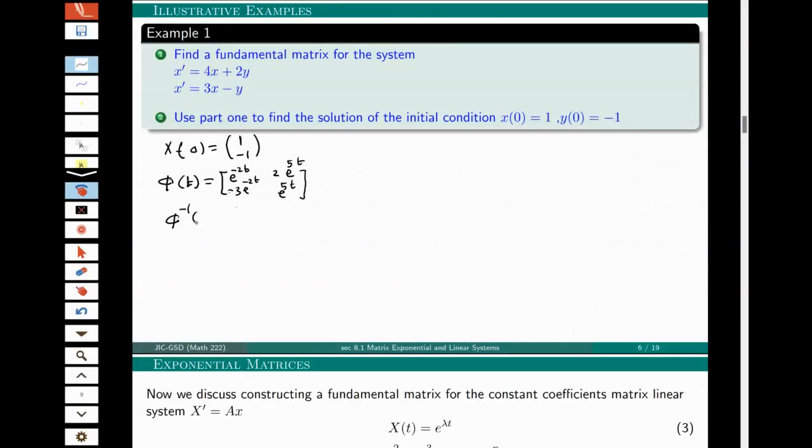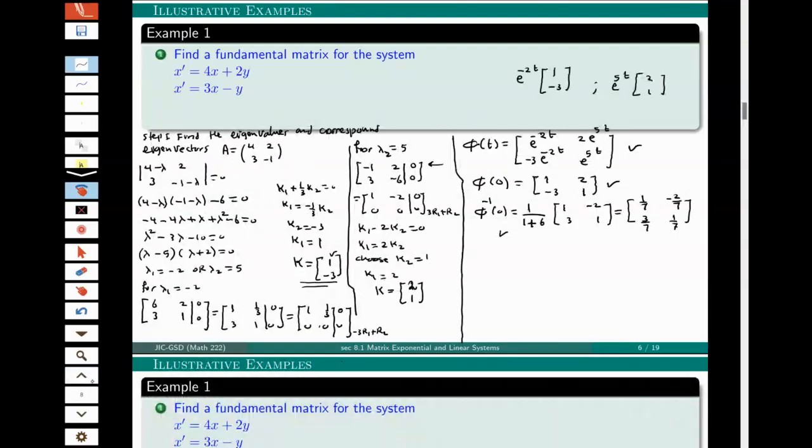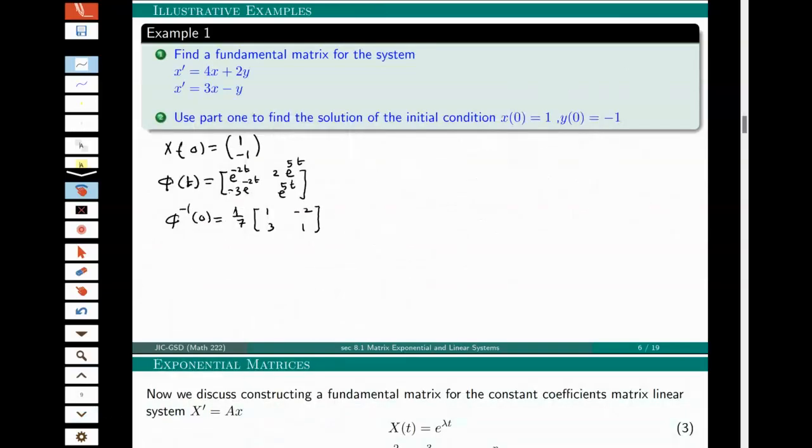So what is our solution according to the theorem? Since we have the inverse at 0 equal to 1 over 7 times 1, minus 2, 3, and 1, according to the theorem, x of t is equal to phi at t, the fundamental matrix, times the inverse at 0, times x at 0.